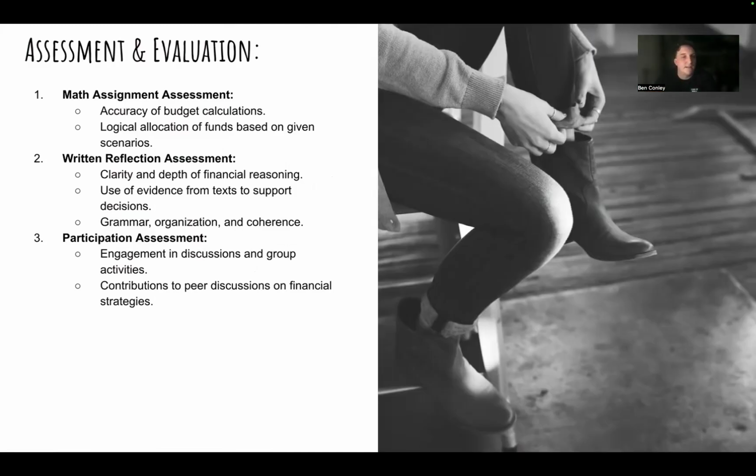And the assessment and evaluation. So the math part of this assignment would be graded on the accuracy of budget calculations, how they were able to retain the calculations that we had given them and the way to allocate your money, such as the 70-20-10 rule: 70% towards needed expenses, 20% towards savings, and 10% towards entertainment and fun.